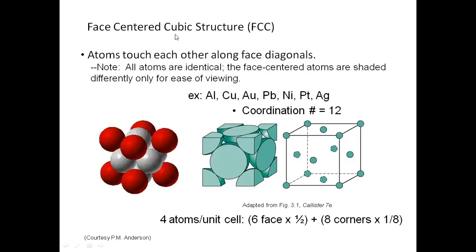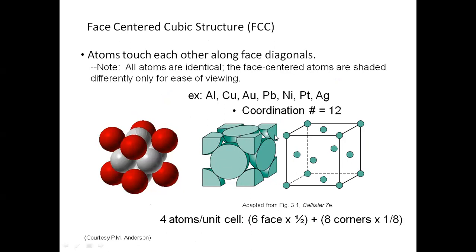So, face-centered cubic structure. In this one, we have the usual 8 in the corners there, plus an additional 6 half atoms. So there's an atom here, half of it is inside this unit cell, half of this one inside the unit cell. At the top there, there's another half, at the bottom a half, this side.